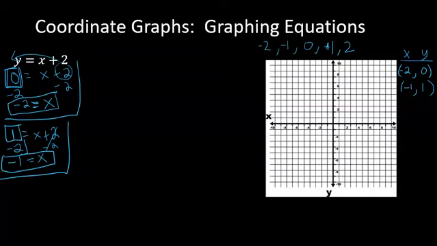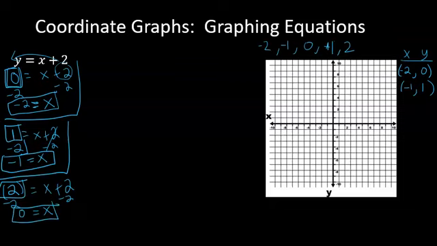Let's try 2. 2 equals X plus 2, and I got to get X by itself. That gives me a 0. So what does that leave me with? It leaves me with 0 and 2. And this is all the stuff we're going to plot, or put on the graph.